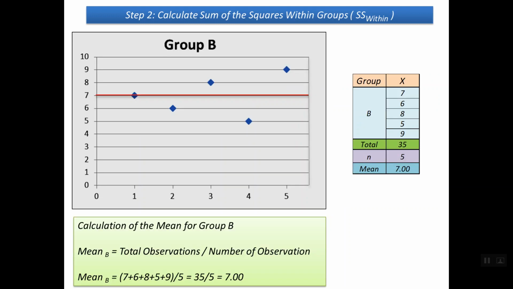So we need to calculate the mean of group B. The total of observations for group B is simply 35, and the number of observations is 5. So the mean is 7.00. So this red line represents the mean of group B.